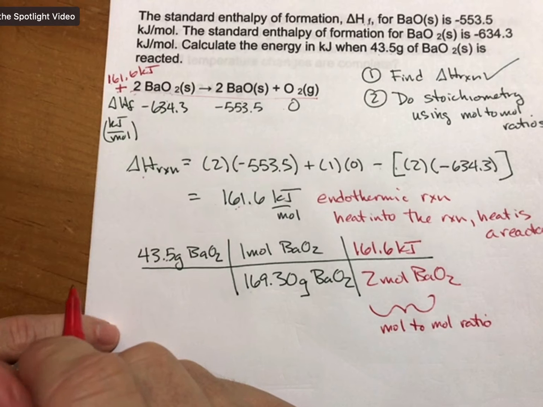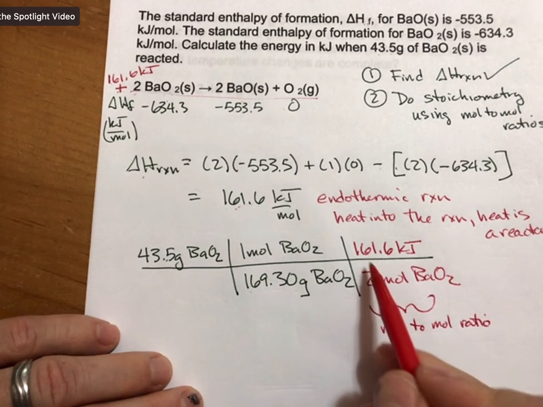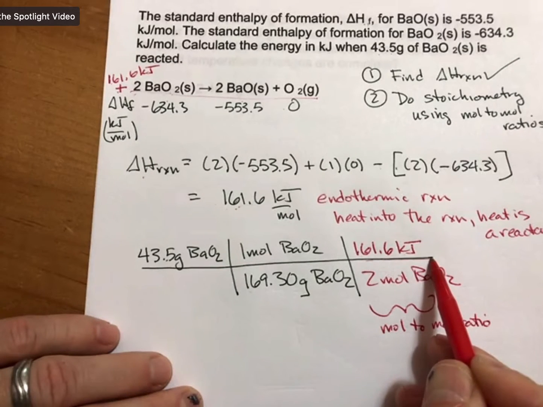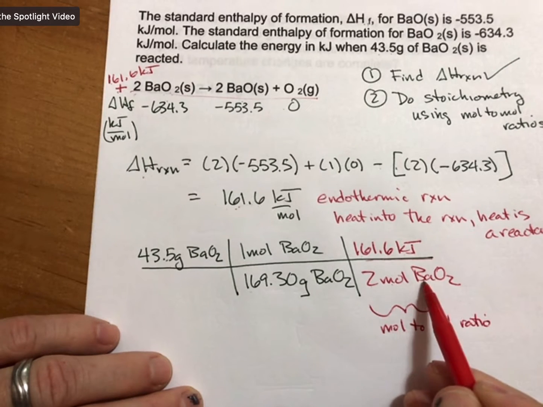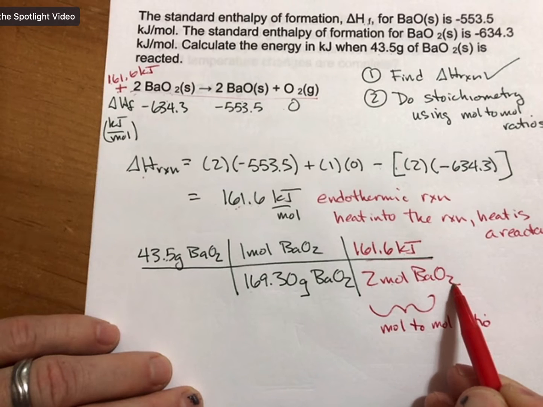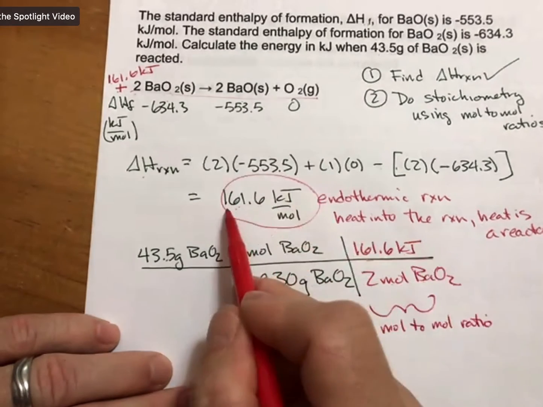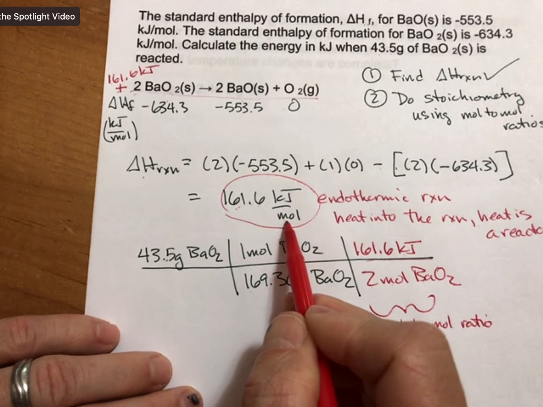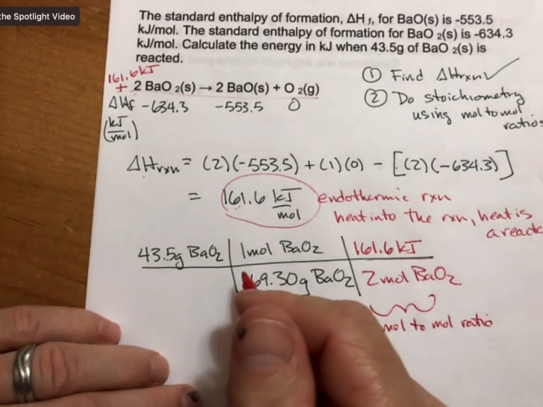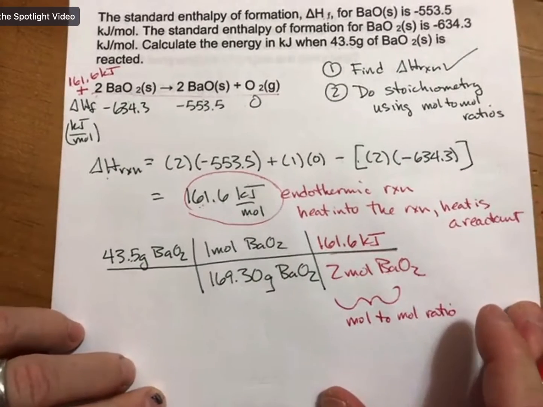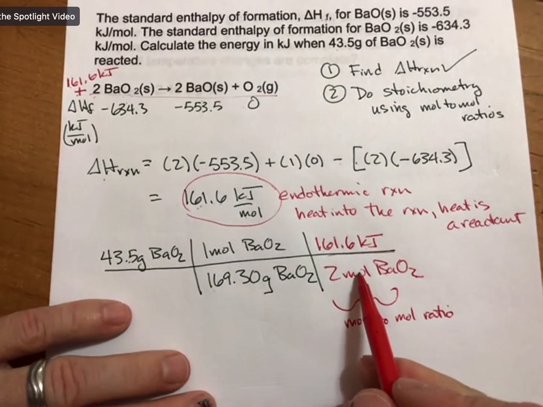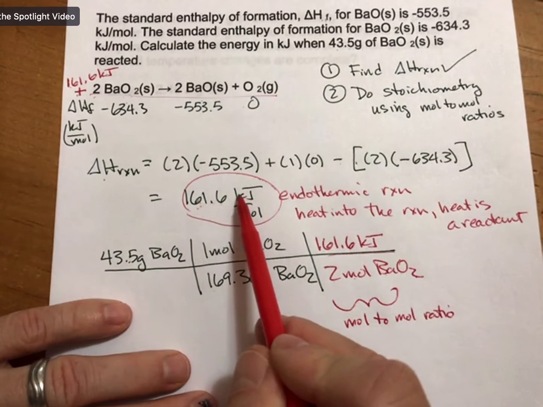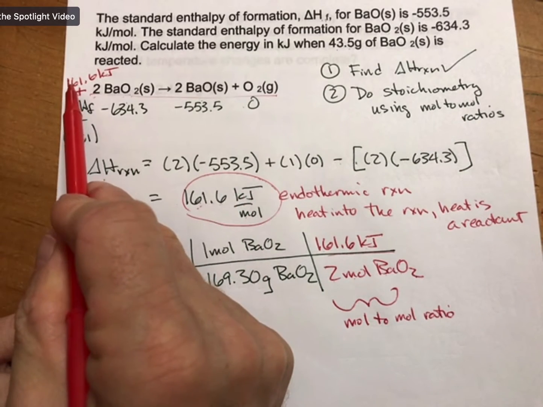And what's confusing is that it's now 161.6 kilojoules per 2 moles of barium peroxide, and here it's listed as 161.6 kilojoules per mole. I get it, that's pretty confusing. But that's why it's important that you put this number in your reaction.